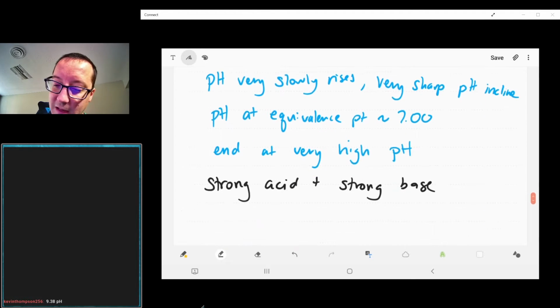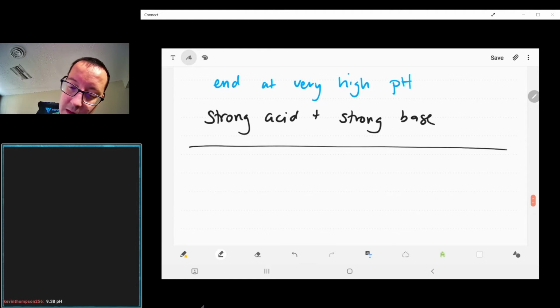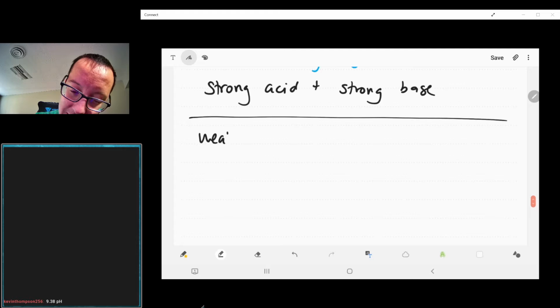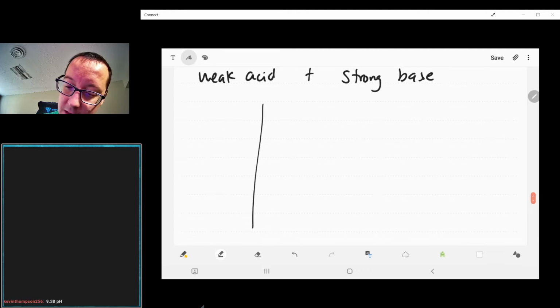If we look at a weak acid, however, if we look at how about using a weak acid plus a strong base, we're going to see that we have a couple of different key factors here.